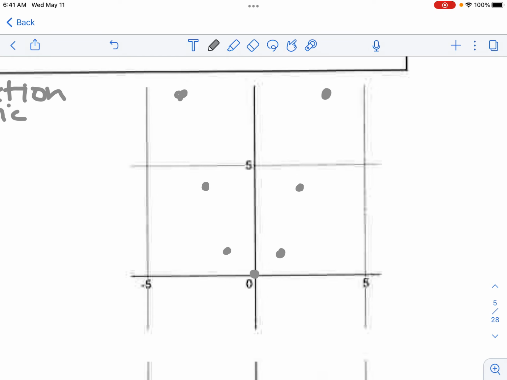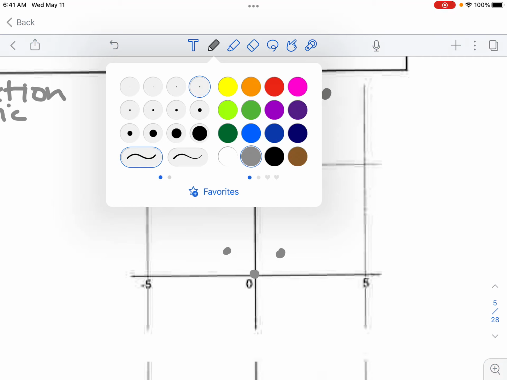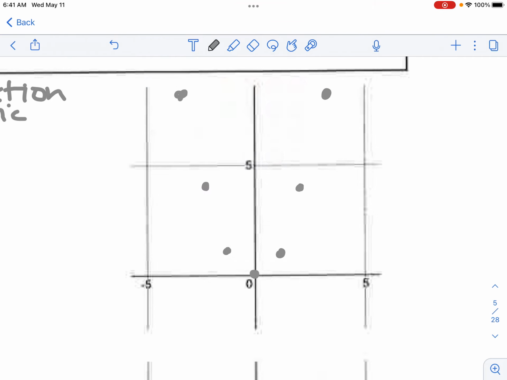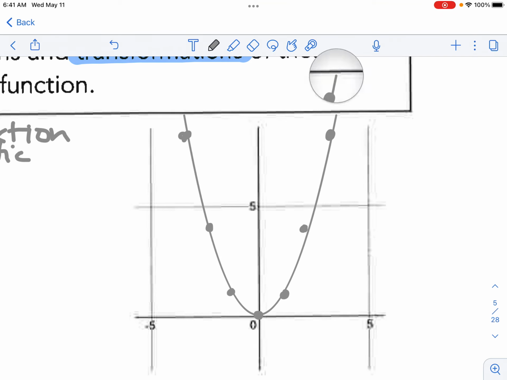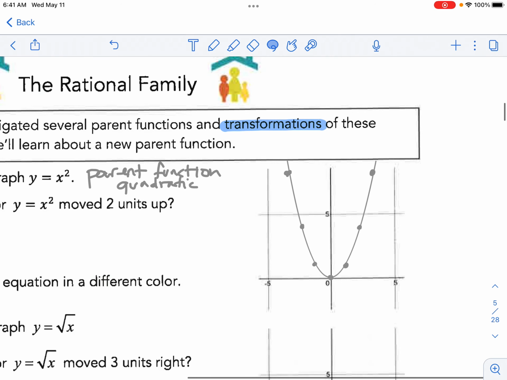So squaring -3 gets us +9, etc. And so when we draw that, we get our quadratic, right? We get something that's symmetrical left to right. So something that looks like this. If you hold that down, then it will create a nice smooth quadratic. Let me scooch that point over a little bit. So there's our parent function.